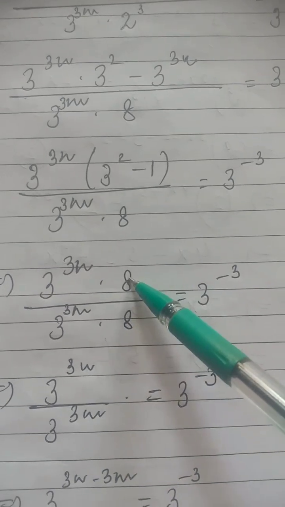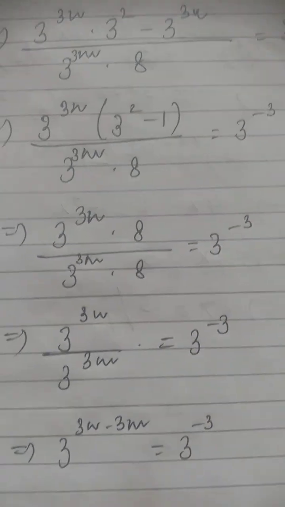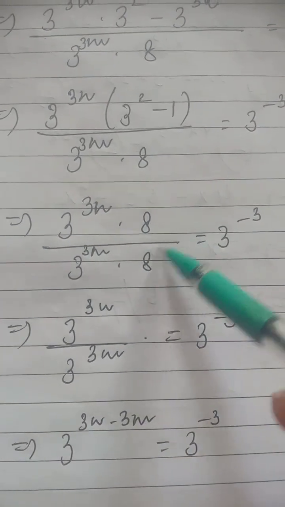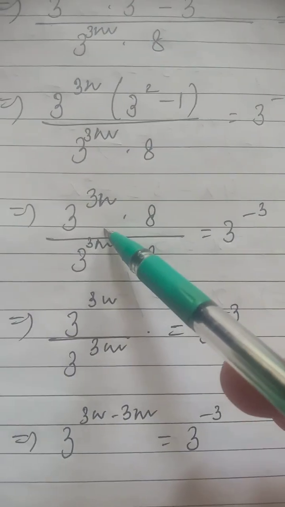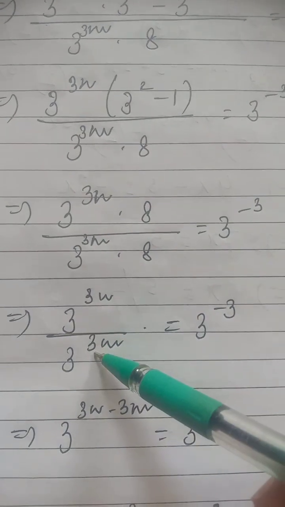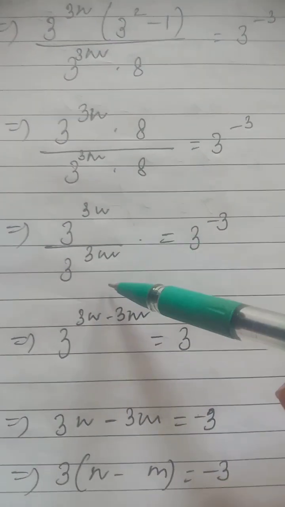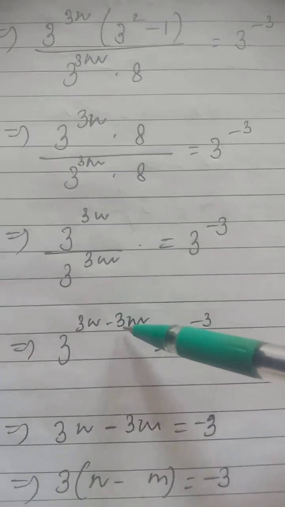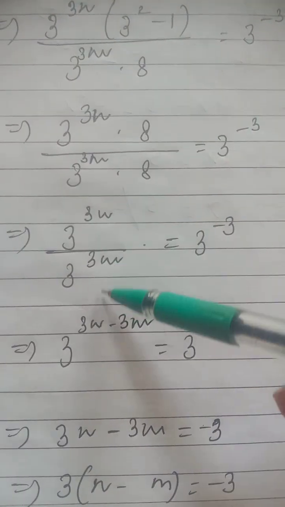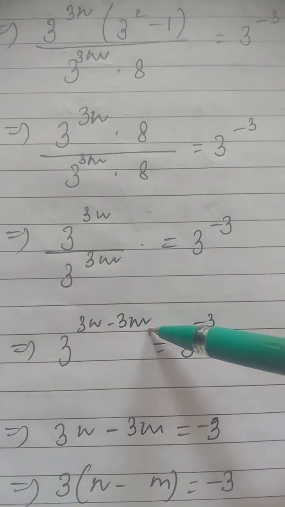Now this 8 and 8 will be cancelled. So here 3 to the power 3n by 3 to the power 3m equals to 3 to the power minus 3, which can also be written as 3 to the power (3n minus 3m), as the base is the same, so the powers will be subtracted.